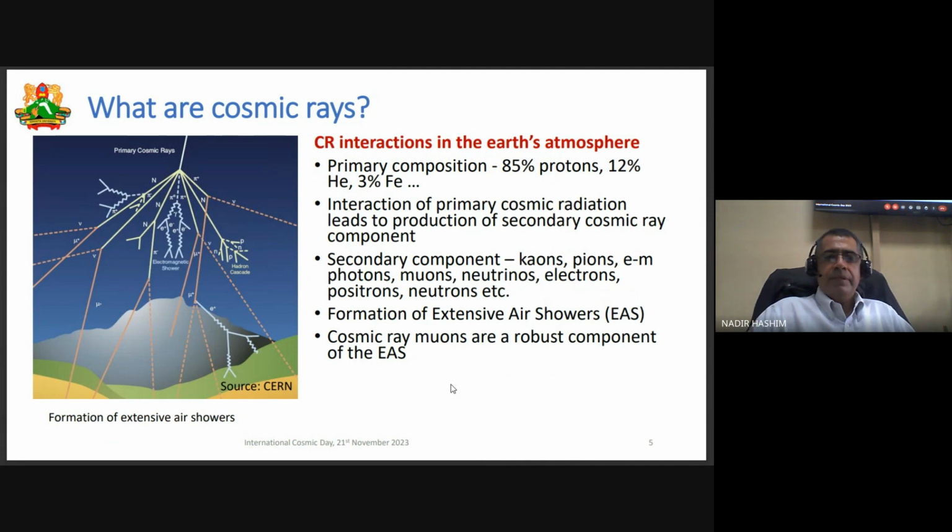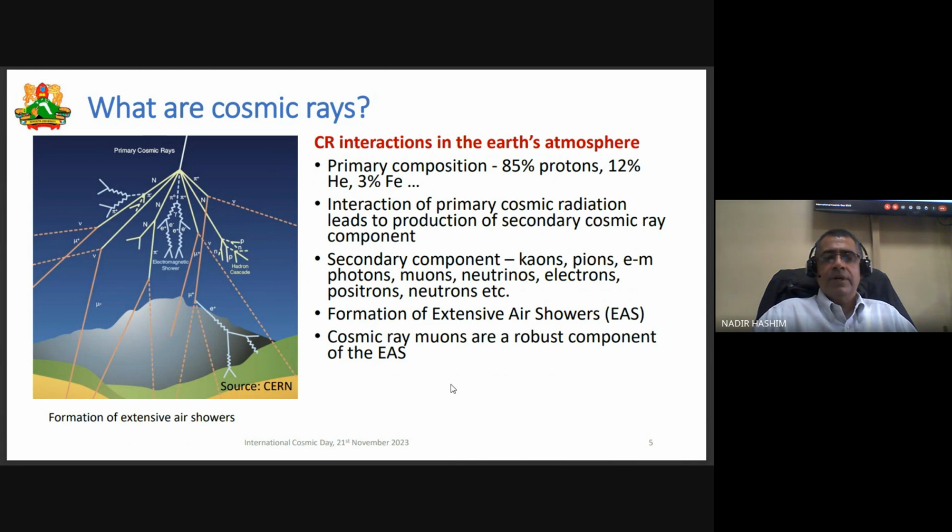The primary component of cosmic rays consists of about 85% protons, 12% helium, and 3% iron. These particles interact in the atmosphere of the Earth to produce secondary cosmic radiation.